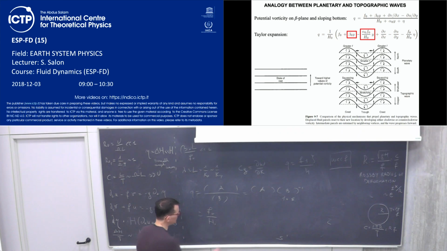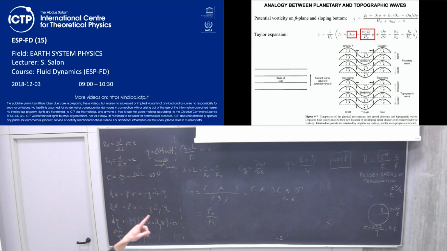as a leading term, F0 over H0, okay? So a simple fluid column which is traveling at F0, with F0 Coriolis parameter over an H0 depth.